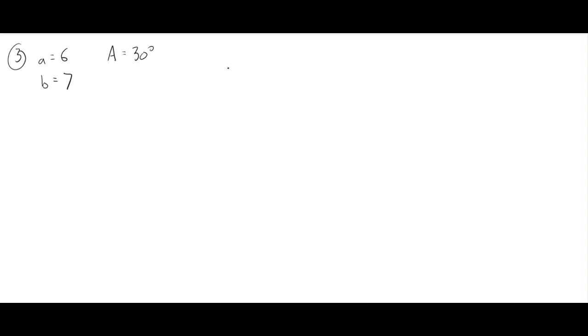All right, so this time A is kind of a narrow angle. Draw it like that. Oh, that's a beautiful triangle. All right, 30 degrees. We got A equals 6, B equals 7.